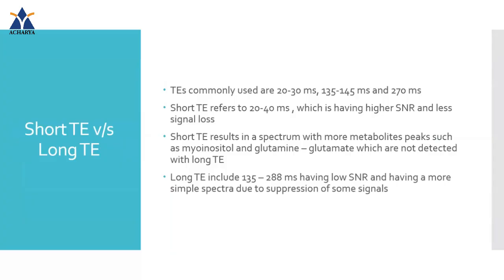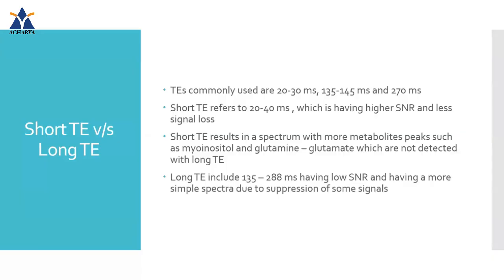When we are using long TE, you cannot see these metabolite peaks on the spectrum. So short TE is useful where you want higher SNR and more metabolite peaks. In case of long TE, it is around 135 to 288 ms. It has low SNR and a simpler spectrum.